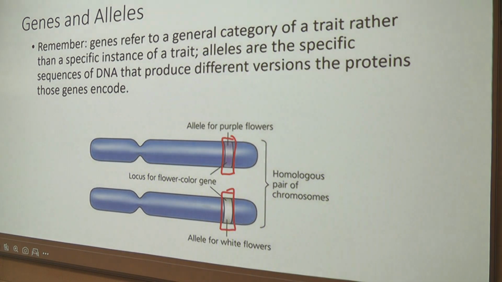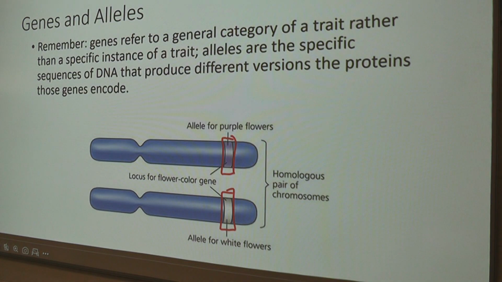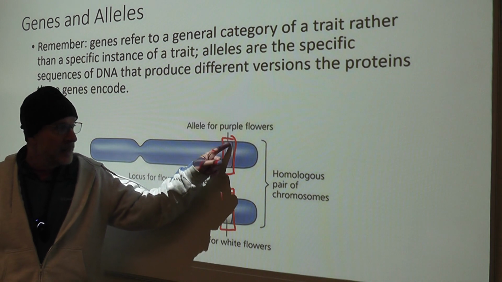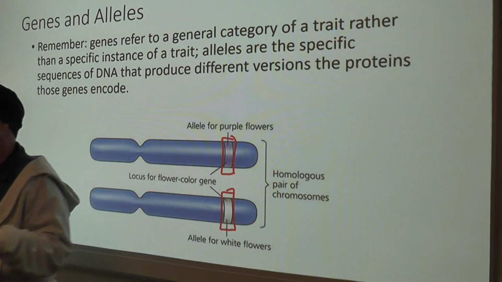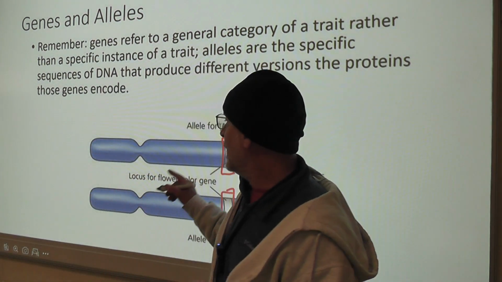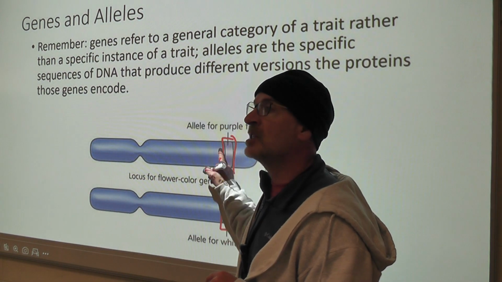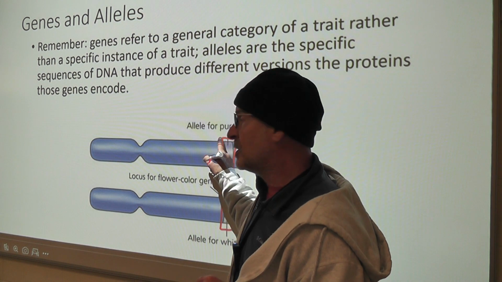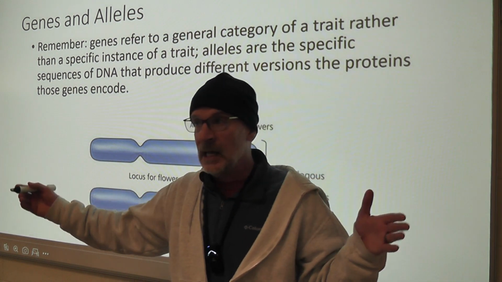If I tell you, hey, there's a flower out there and it has a gene for flower color, you can't tell me what color it is. All you know is that there is a gene, a sequence of DNA in that spot that influences flower color. That's what a gene is. When you look at a specific gene on a specific chromosome, you'll see a sequence of DNA.